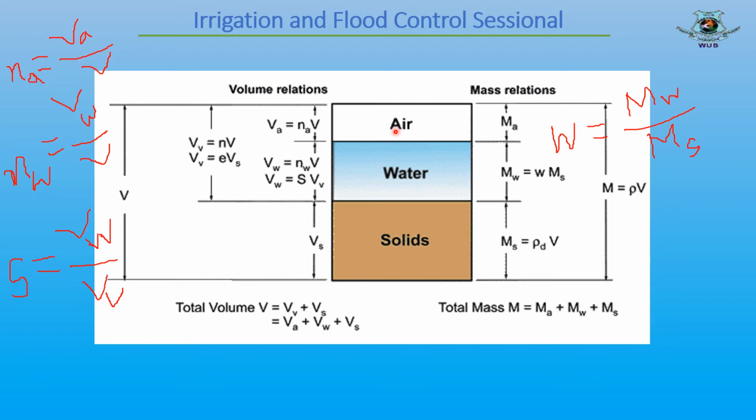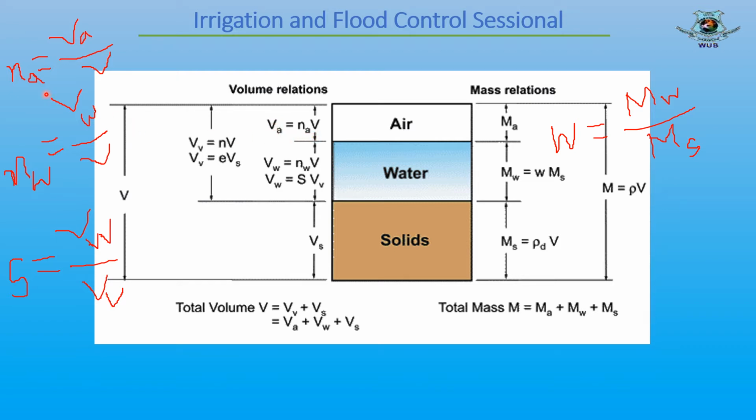As we know from the previous slide, this is the three-phase system of soil. Here, this is air content, this is water content, and this is solid contents. This side represents the volume, and here some relations among volume have been built up. We know that VA is the volume of air, and we can calculate the volume of air using this equation.